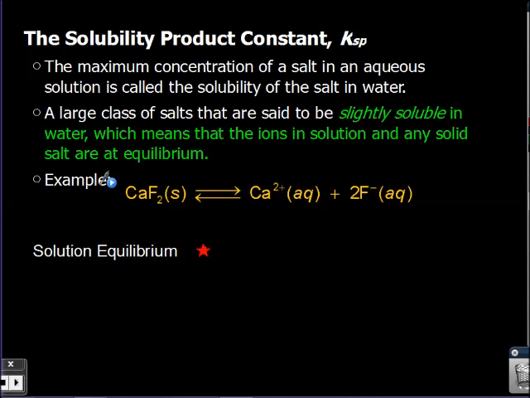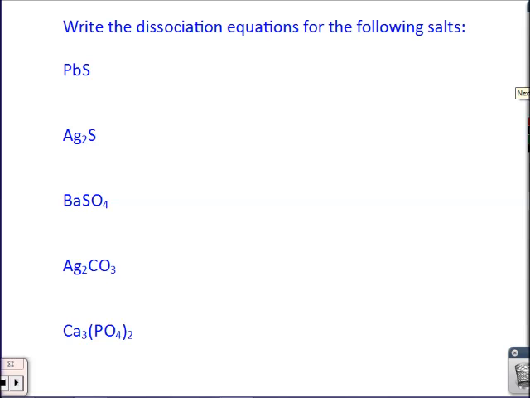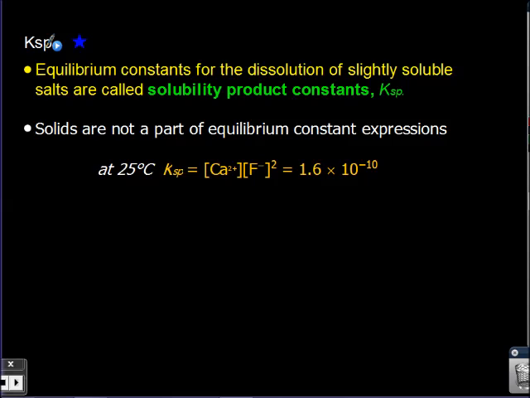An example of this: when calcium fluoride is put into a solution, we have this equilibrium happening, where some calcium ions and some fluoride ions are forming in the solution. And I'll show you how to do those dissociation reactions in class. But KSP is the constant.